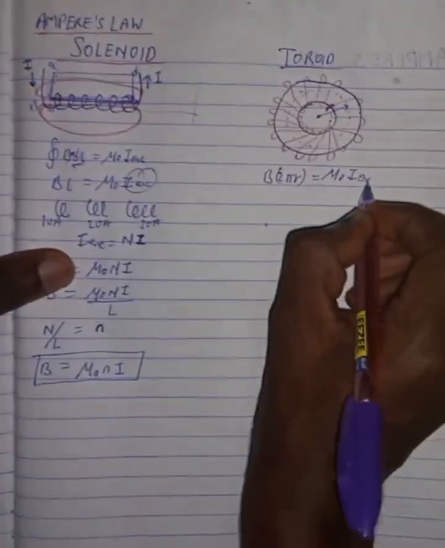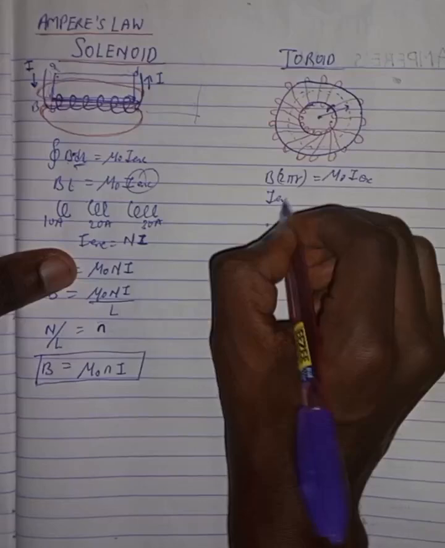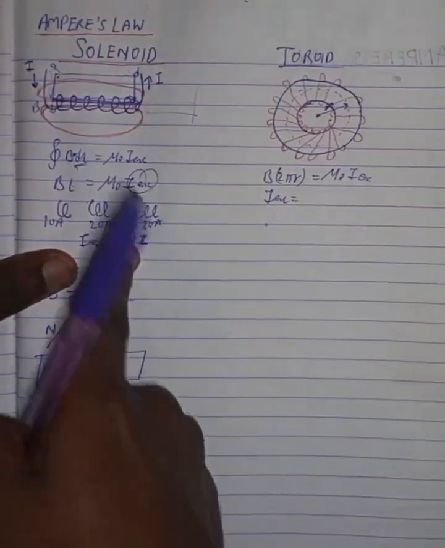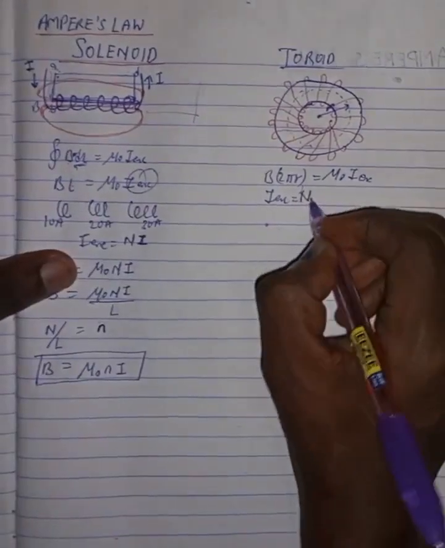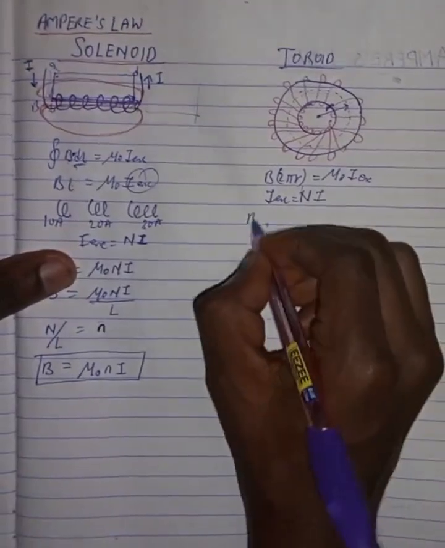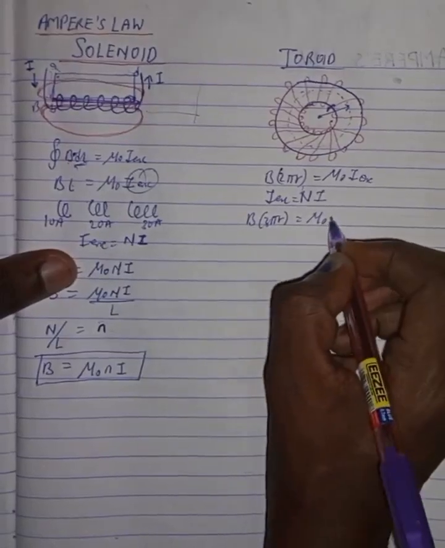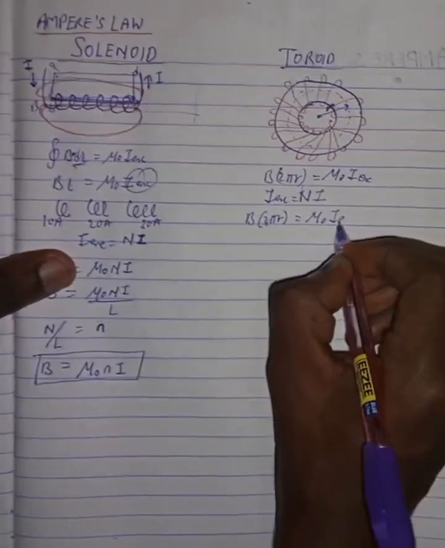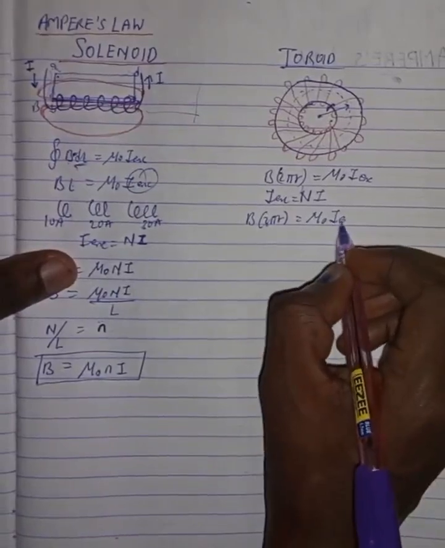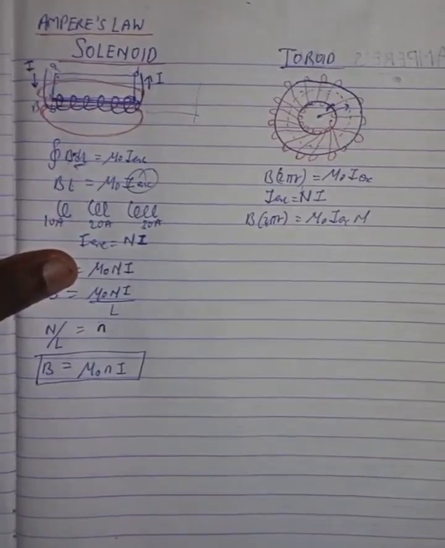The I enclosed will also depend on the number of turns, N, so I have mu naught times N times I.